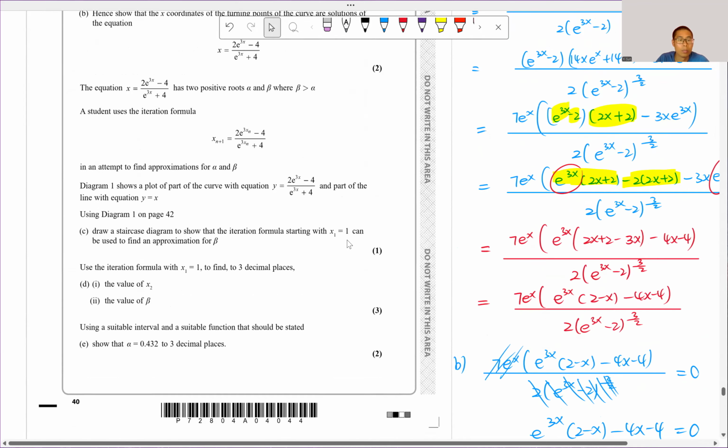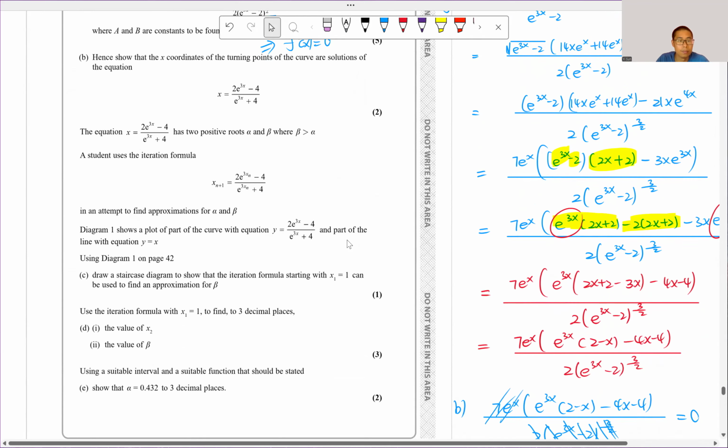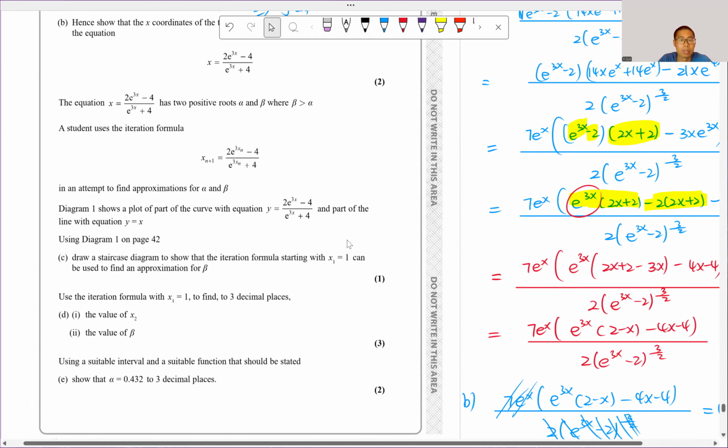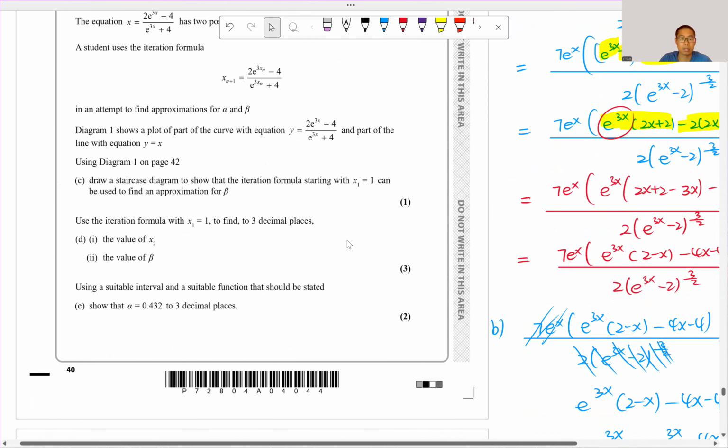And then for part D, use the iteration formula with x1 equal to 1 to find, to 3 decimal places, the value of x2. Okay, xn plus 1 is equal to this.